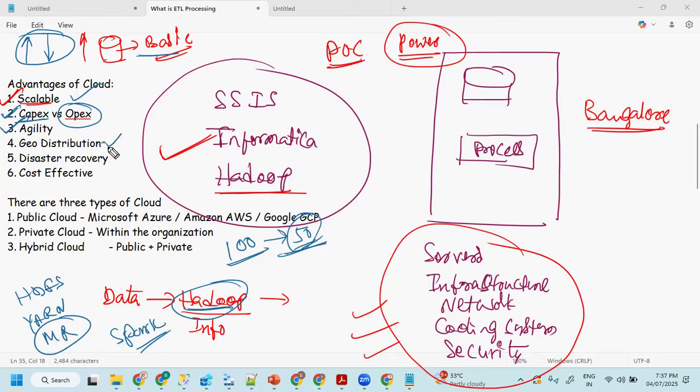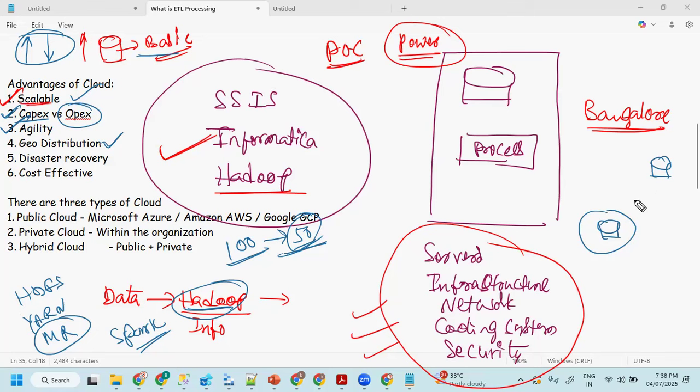Okay, so that is one. And geo distribution or geo replication we're having. If I wanted to do the same thing with on-prem, let's say, for example, if I have a database in India, then the same database, if I wanted to keep in the US, then you have to invest. There is more and more cost you have to take care of. That is very difficult. But if you go with the cloud, you can replicate this database into different regions.